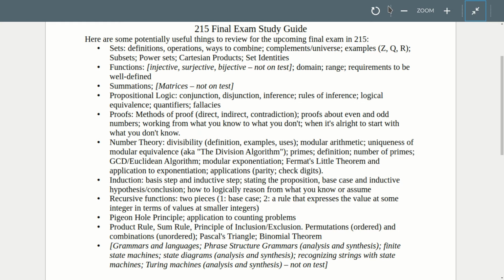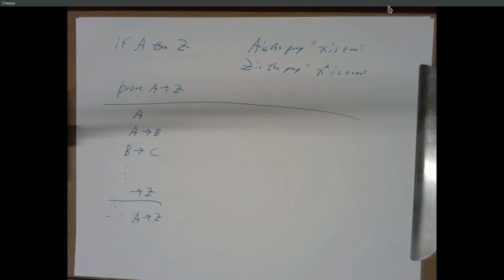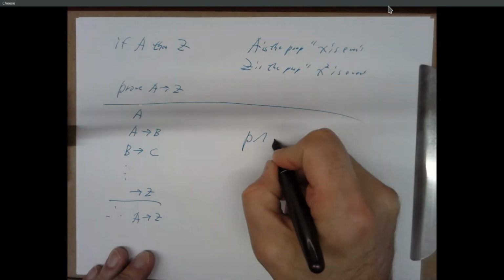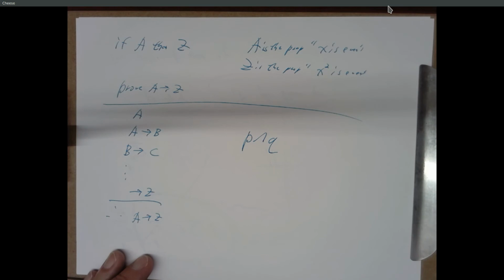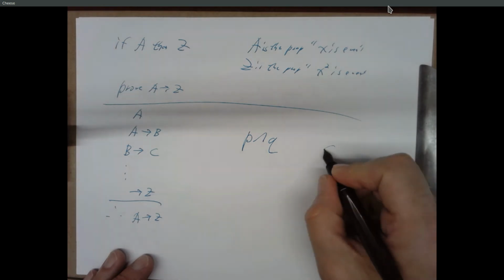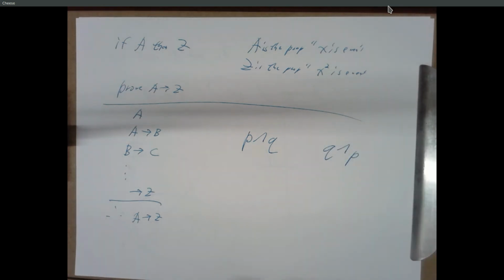All right, so logical equivalence. We can have propositions that are equivalent to each other, meaning they have the same truth value in all cases. So for example, if P and Q are propositions, this is the proposition that P and Q are both true. This is a proposition that Q and P are both true.